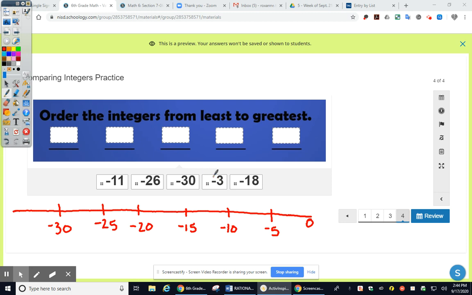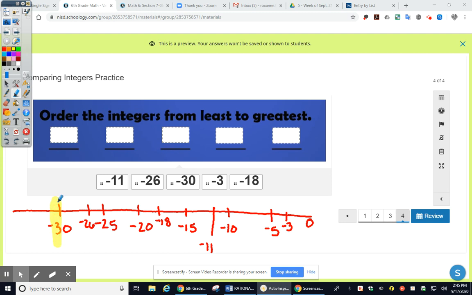Okay, if I were to graph negative 3, I know it would be between 0 and negative 5. So negative 3 would be about here. Then negative 18 would be about here. Oh, I missed negative 11. Negative 11 would be just behind the negative 10. Negative 26 would be about here. And then we have our negative 30.